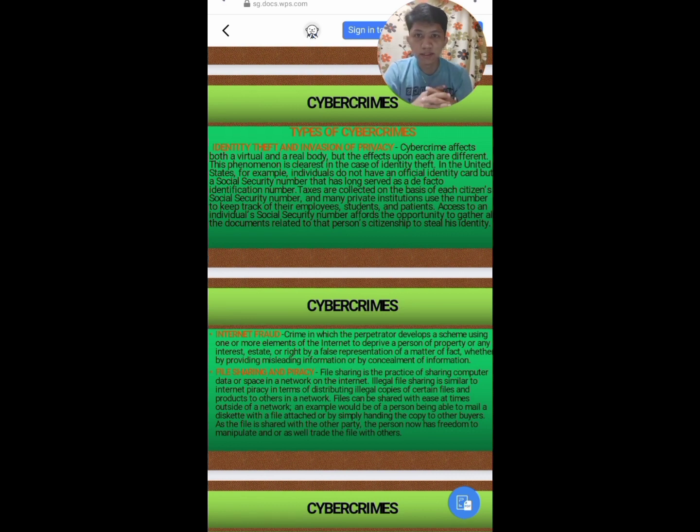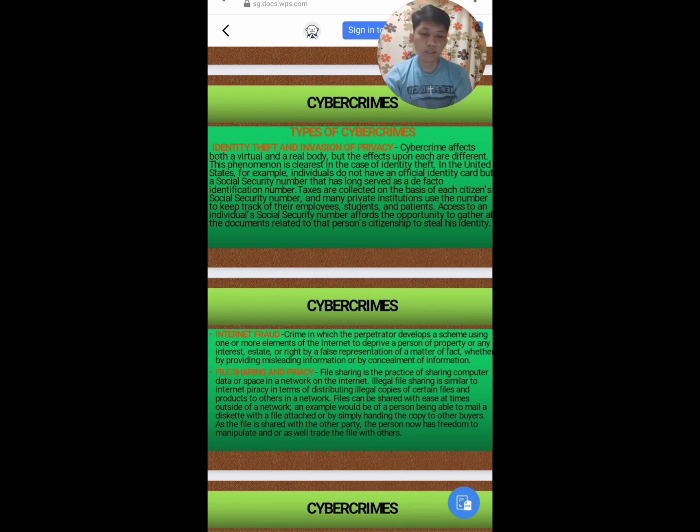Second is internet fraud, a crime in which the perpetrator develops a scheme using one or more elements of the internet to deprive a person of property or any interest, state, or rights by a false representation of a matter of fact, whether by providing misleading information or by concealment of information.